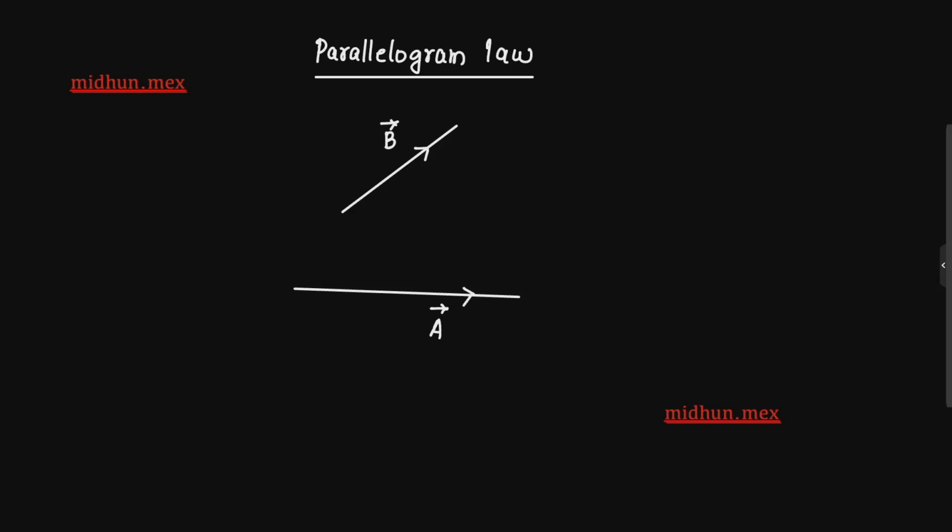We know what is a tail and all. This point is called a head and this point is called a tail. This point is called a head and this point is called a tail. We will join tail to tail. So I am going to take like this and I am joining tail to tail like this. Now you are ready to apply parallelogram law.